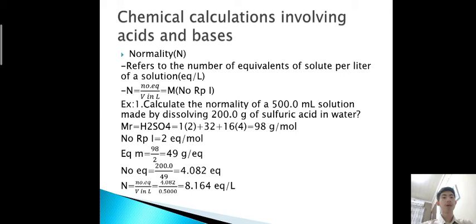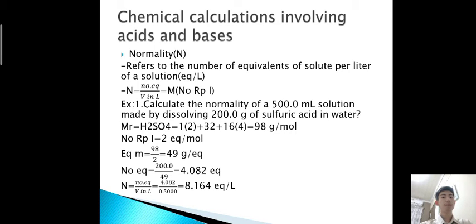So hydrogen 1 times 2 plus sulfur 32 plus oxygen 16 times 4 is equal to 98 gram per mole. Then the number of replaceable ions is equal to 2 equivalent per mole. Then equivalent mass is equal to molar mass divided by number of replaceable ions, 98 divided by 2, is equal to 49 gram per equivalent.